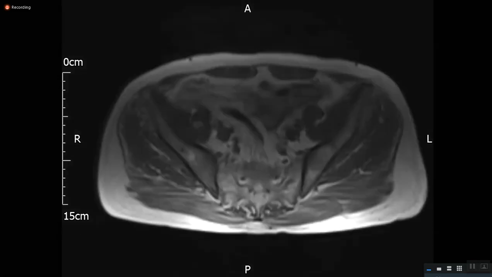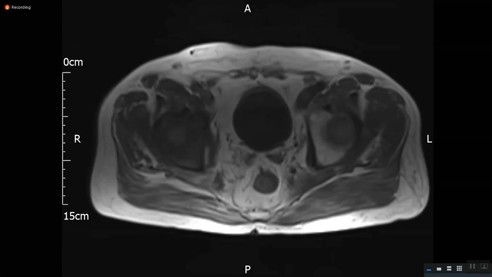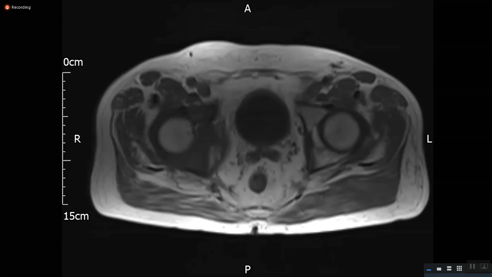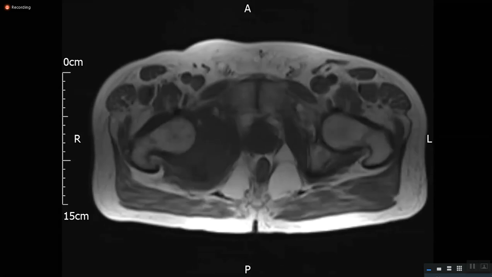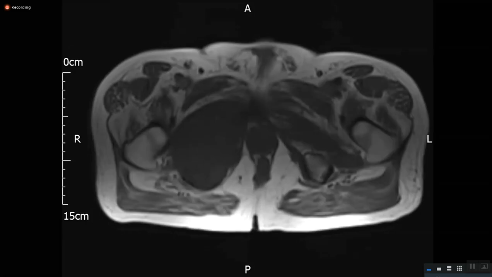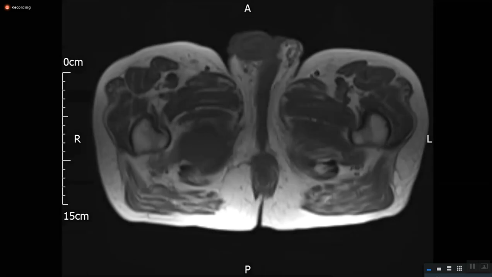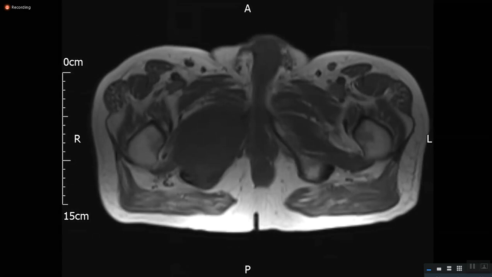There's hypo-intense signal in the right acetabulum, replaced by a large lobulated soft tissue lesion where the acetabulum should be, and involving the muscles of the perineum and obturator. Because of time factor, please keep continuing.